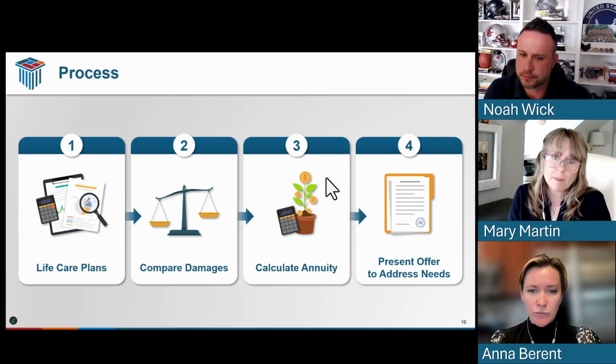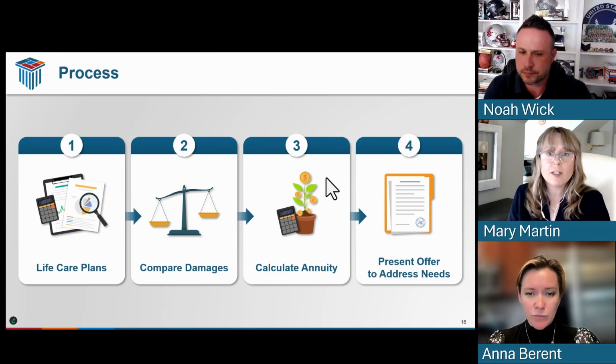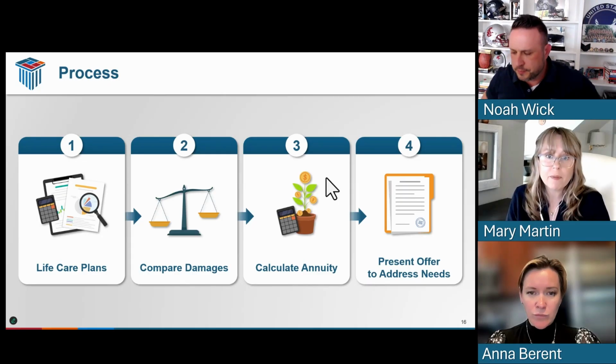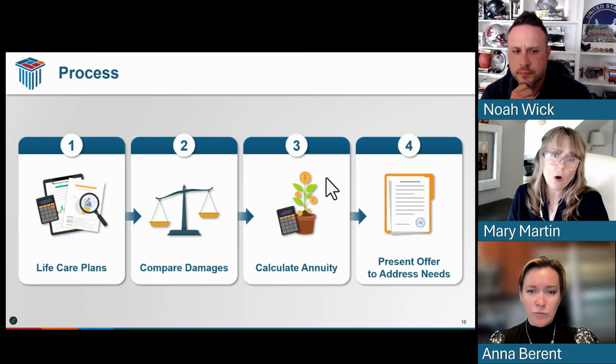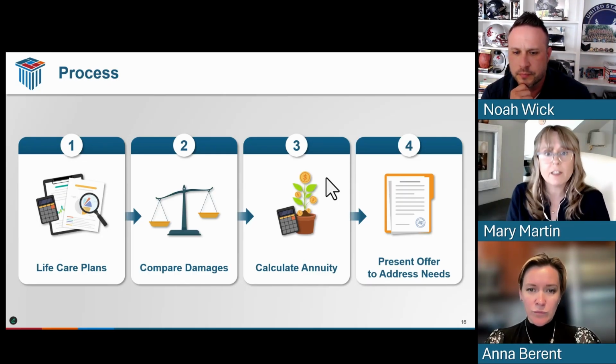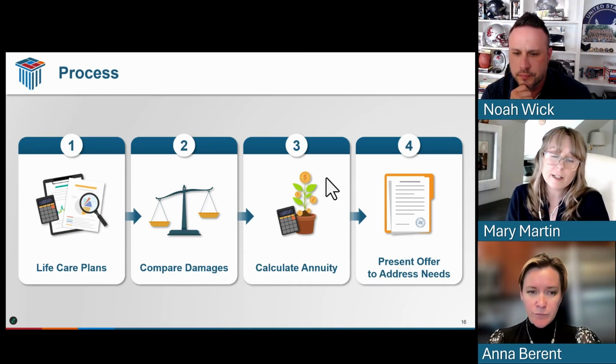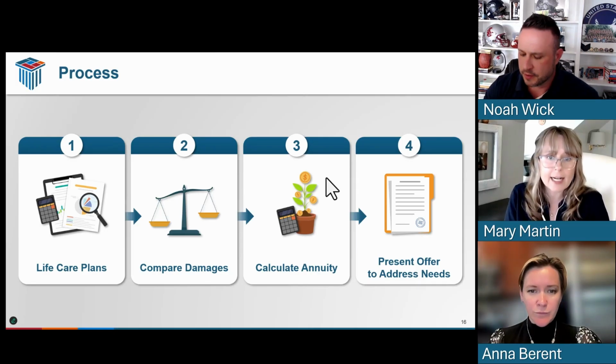So we might have a child like Allison who needs different types of physical and occupational therapy at different ages. So we tailor all of those benefits specifically to what that child needs. And that helps us determine a cost that it would take to fund that life care plan. And so if we go to the next slide, I think that it will show us what it might look like when we do our side-by-side comparison.